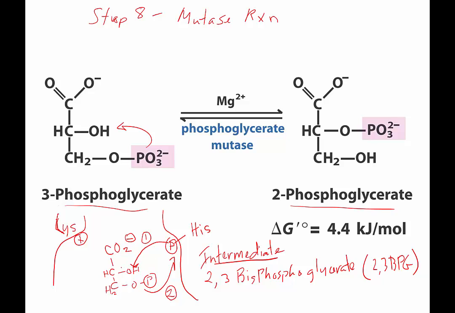So you're just trading off phosphate. So in other words, literally what does not happen is this same phosphate does not move up here. This phosphate comes from the enzyme, so this goes to the enzyme, and this one comes from the enzyme. But they're not the same phosphate. Okay.